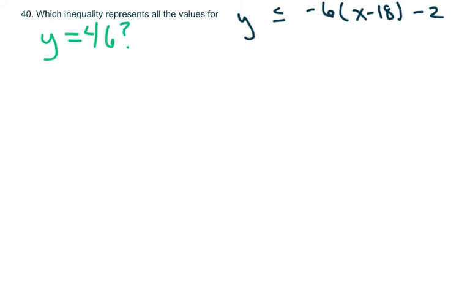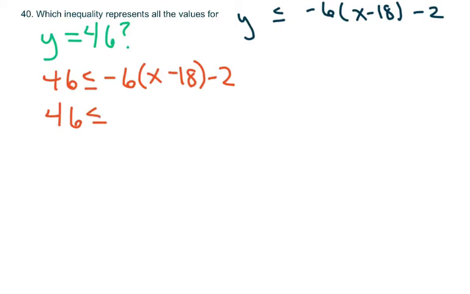So I just plug it in as solve. So I get 46. Let me move it over. I get 46 equals negative 6x. It's not equals, it's less than or equal to x minus 18 minus 2. And just simplify. Let's simplify some more.